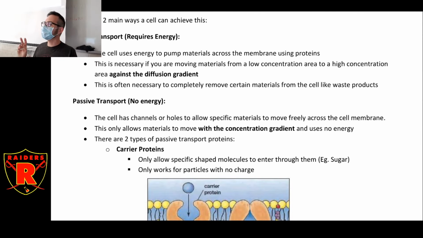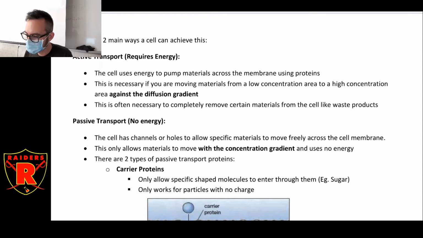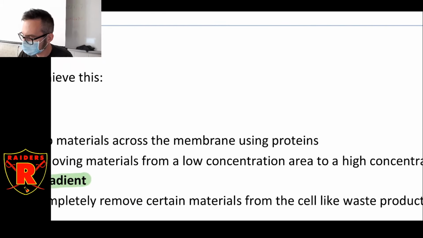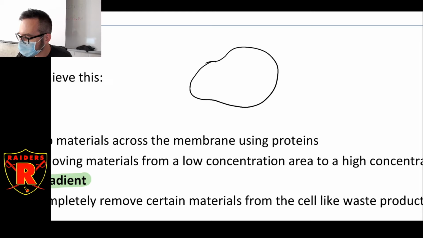There are two ways that your cells can do this, can move things in and out of the cell. First of all, if they're going against the diffusion gradient, okay, I'll give you an example. You've got a cell, and inside of the cell, you've got only a little bit of sugar, okay?